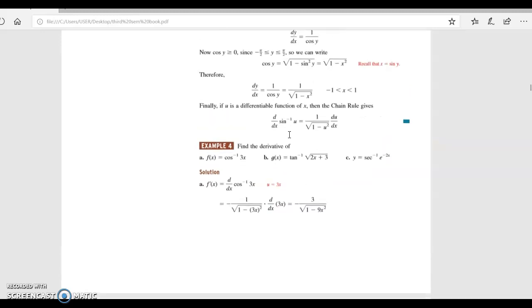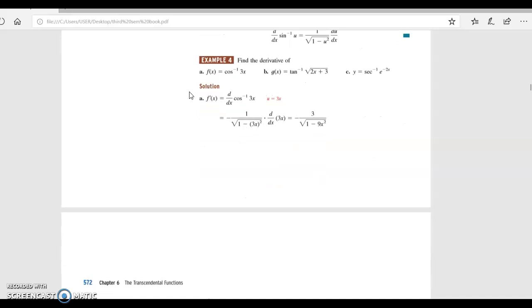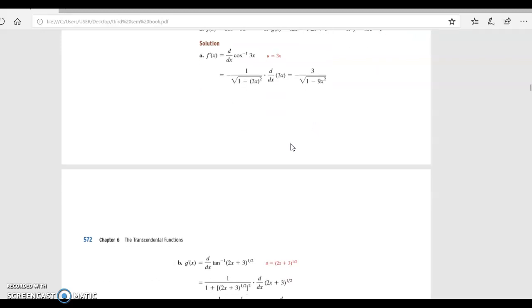We can move to the next example. Example 4. Find the derivative of f of x equals cos inverse 3x, g of x equals tan inverse root 2x plus 3, and y equals sec inverse e raised to minus 2x. Can you understand this?